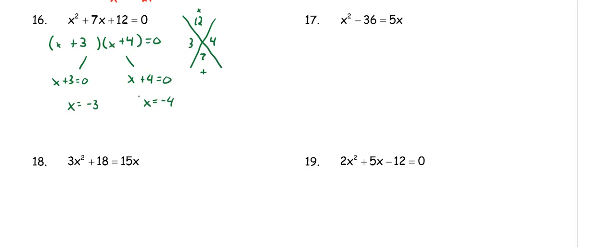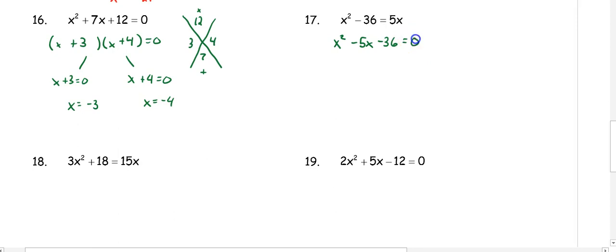Number 17, in order to factor, we need to get the equation equal to 0. So we would have x squared minus 5x minus 36 equals 0. The reason I want to move the 5x is because I want the x squared term to be positive. So now I need to figure out two numbers that multiply to negative 36 and add to negative 5.